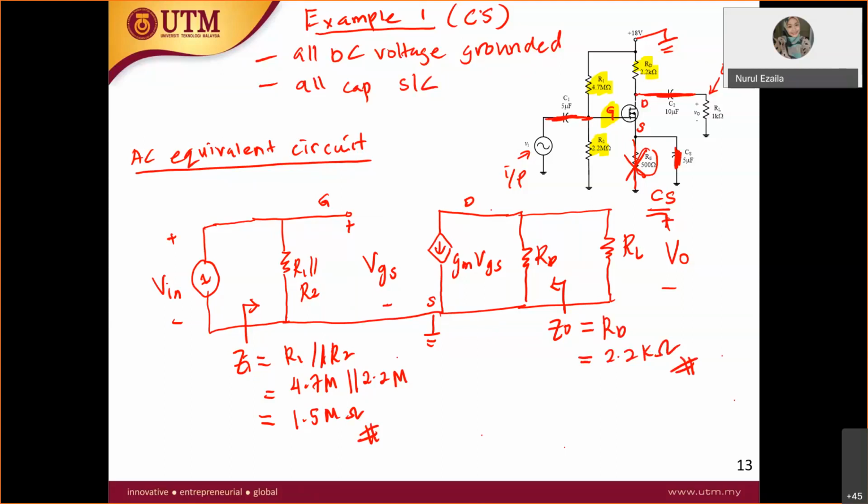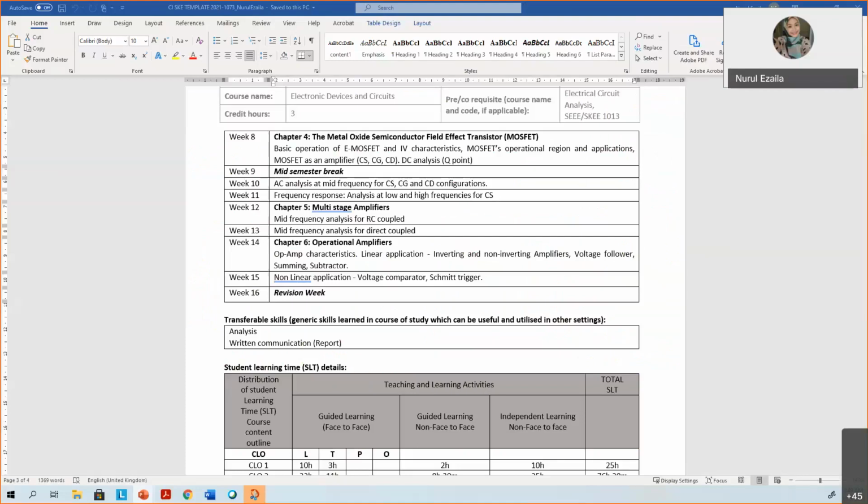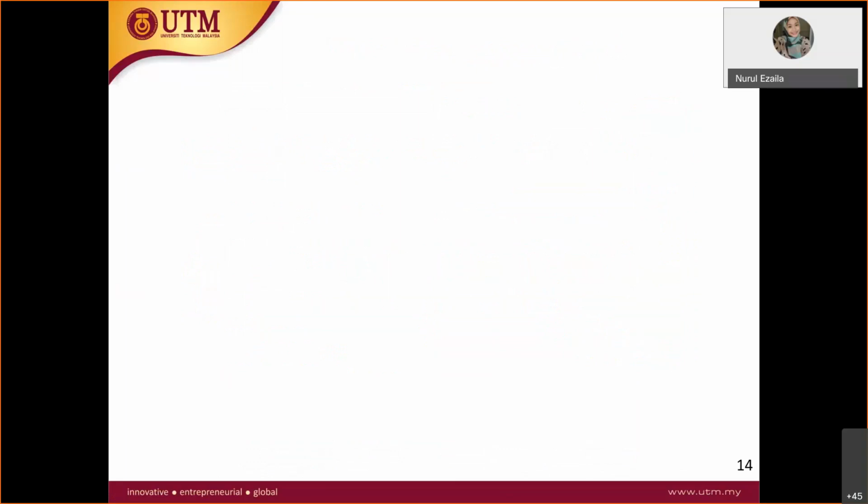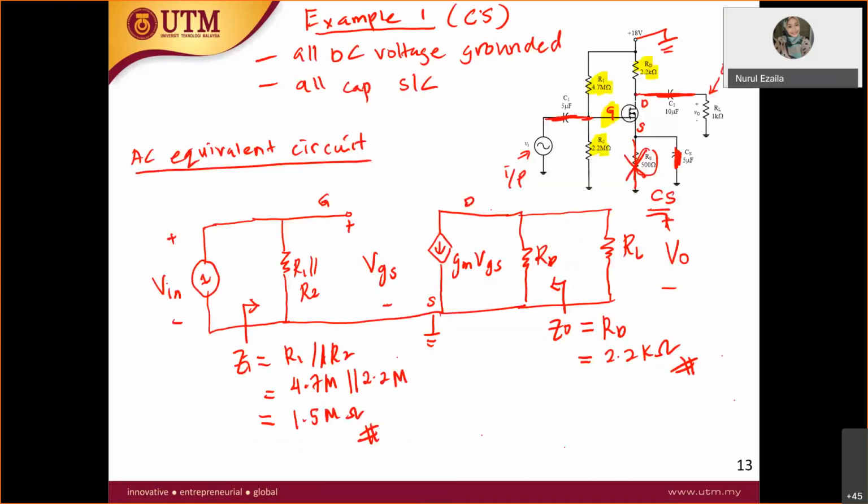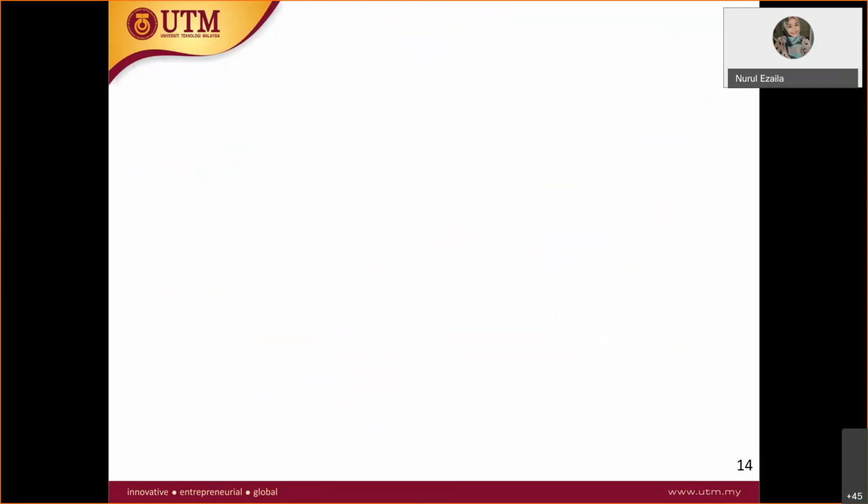So let's take a look at the AV. We do it on this next slide. AV is equal to V out over V in.